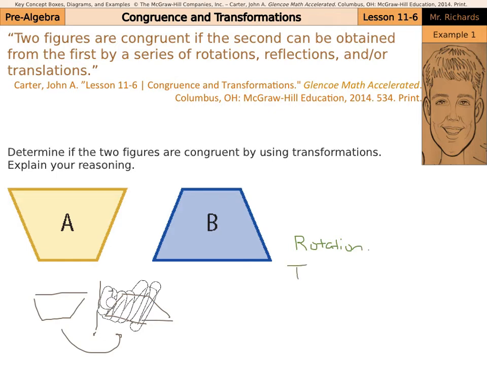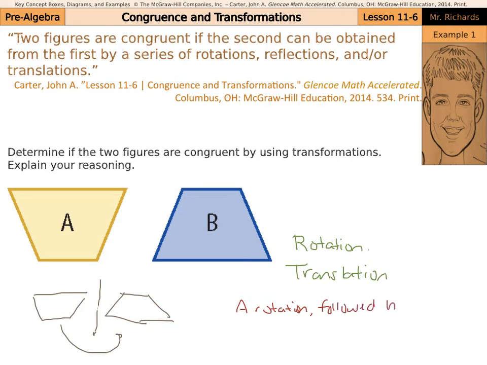And then if I were to have a translation after that, I would be able to slide A onto B. So an answer could be, if we're writing in a complete sentence, a rotation followed by a translation would map figure A onto figure B.